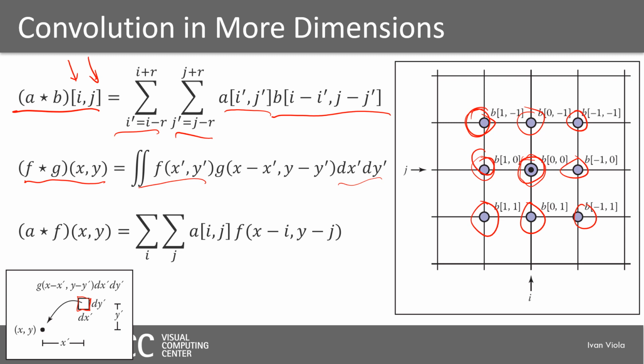This infinitely small area is weighted by a certain value of our filter, and this value is then integrated into this particular value. So you can see that while previously it was an area under the curve expressing this integral, in this case it will be a volume under such a two-dimensional function which is then weighted with our filter kernel.